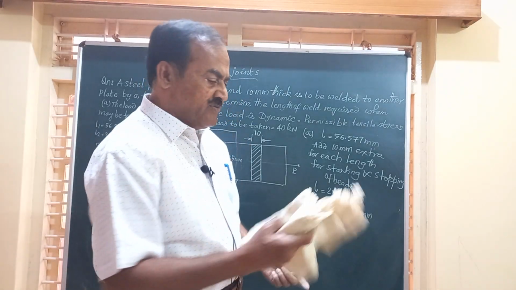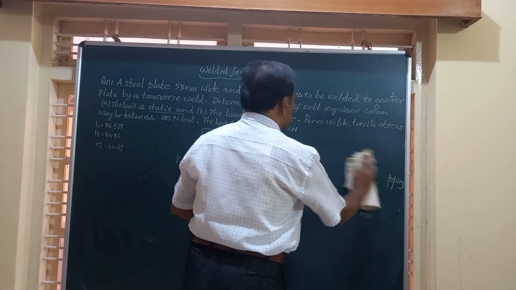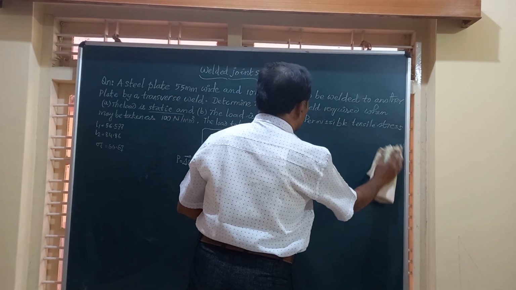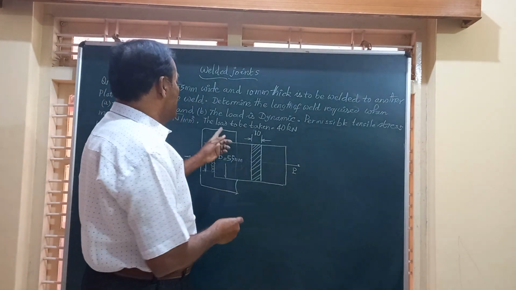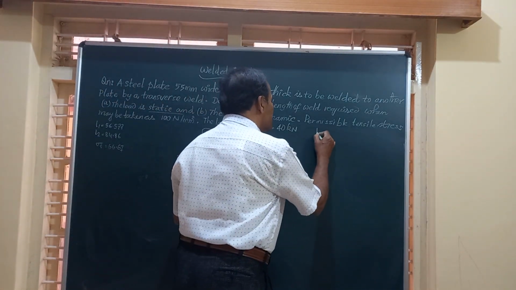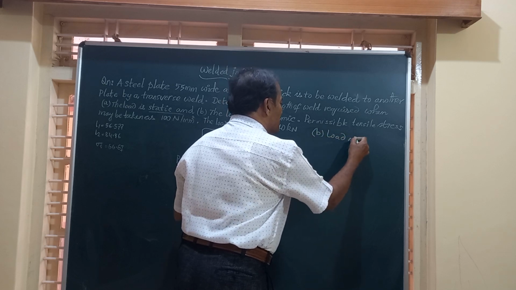Friends, we'll move on to the second part of the question, that is, what is the length of weld required when the load is dynamic? So friends, we make use of the same formula. Case B, the load is dynamic.